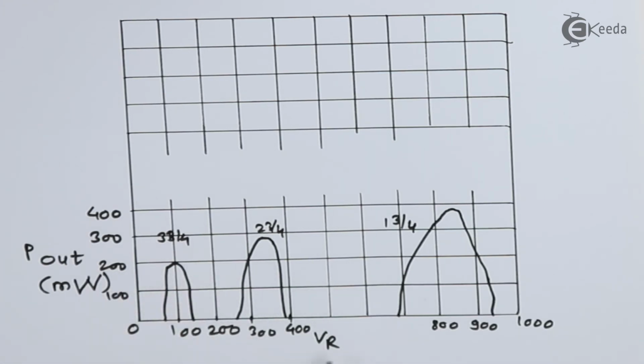So this is the relation between the repeller voltage and the output power here. Similarly, the relation between the repeller voltage and the frequency of operation in terms of gigahertz can be plotted.